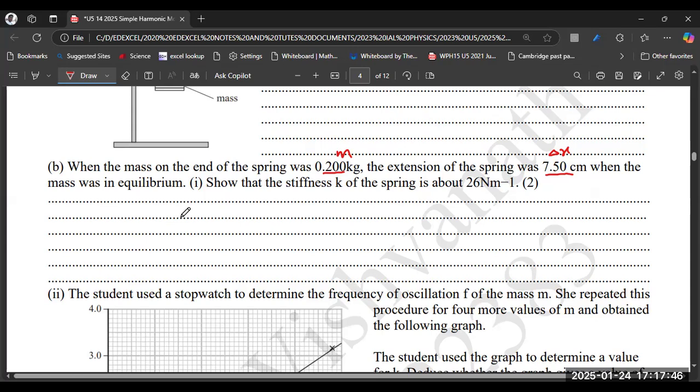So earlier it was a part of that 5-mark question, isn't it? Then F equals k delta x, k is equal to F divided by delta x. Force 0.2 times 9.81 divided by delta x value would be 7.5 times 10 to the power minus 2.